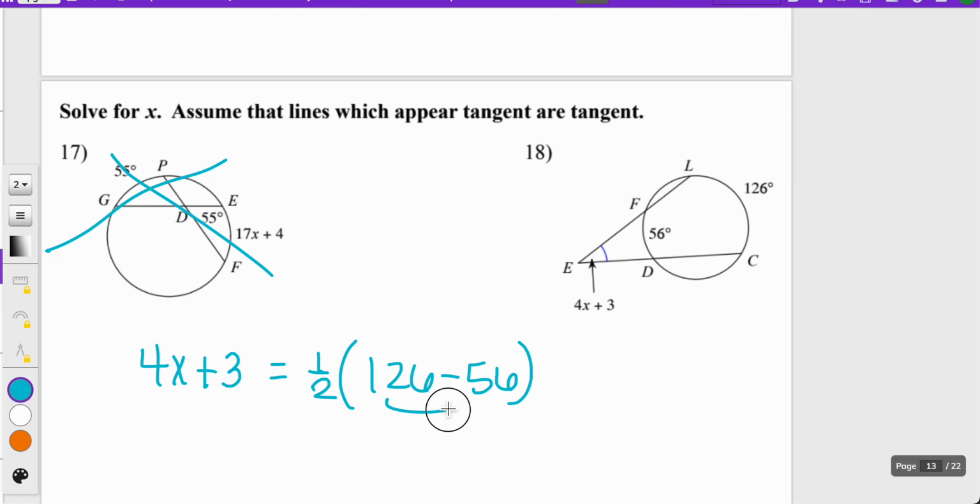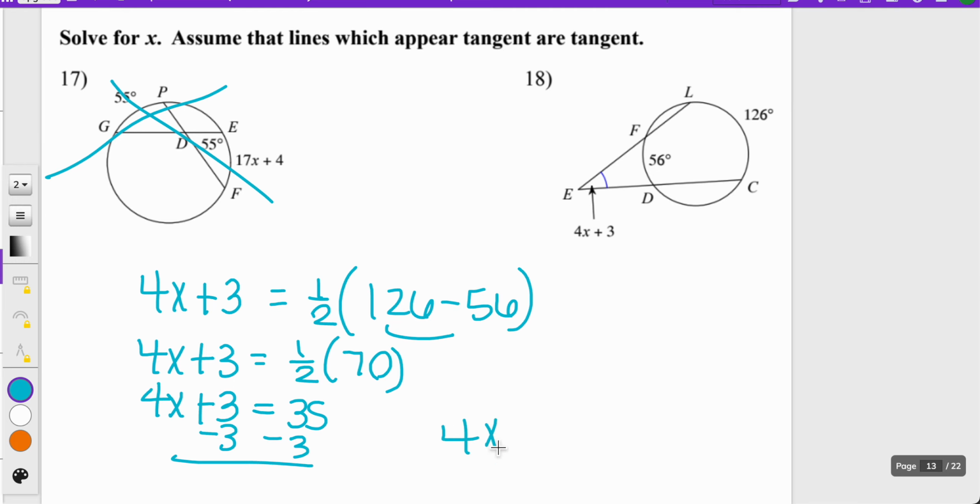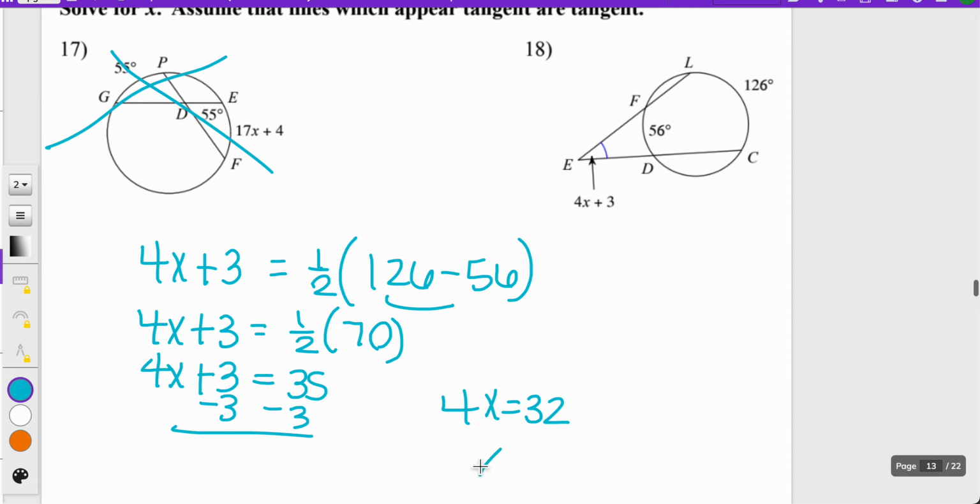So 4x plus 3 is equal to 1/2 of 126 minus 56, which would be 70. And then I just took 1/2 of 70, which is 35. That was a little bit easier to do than normal. So I get 4x plus 3 is equal to 35. Subtracting 3 from both sides, I get 4x is equal to 32, which means x is equal to 8.